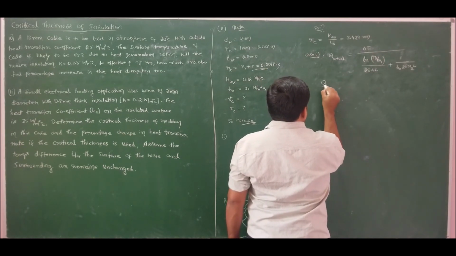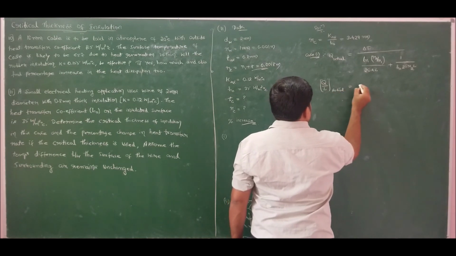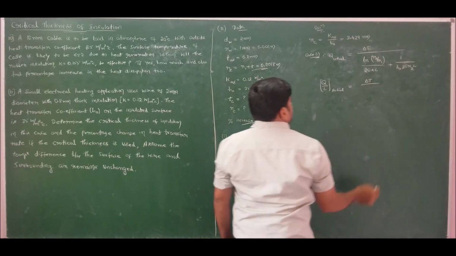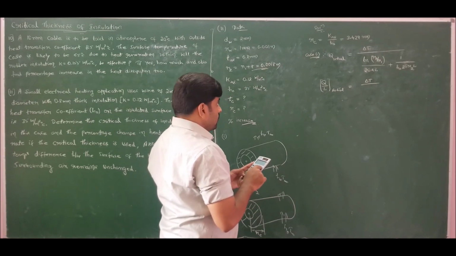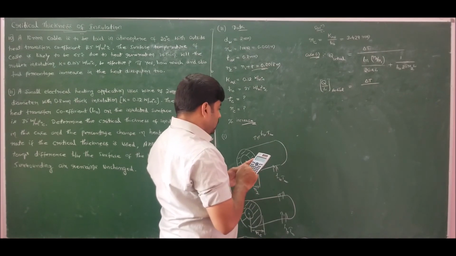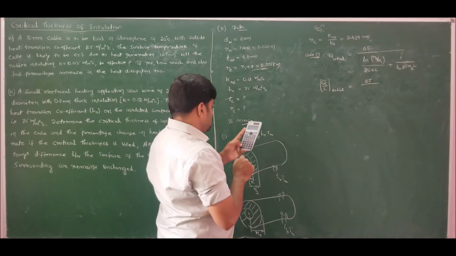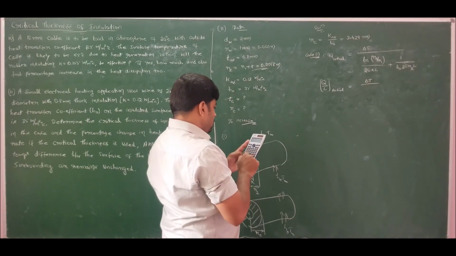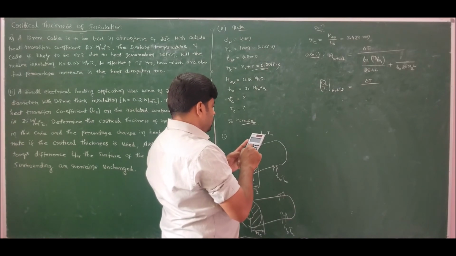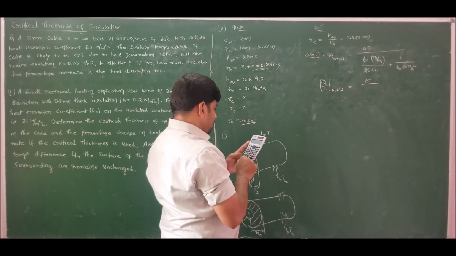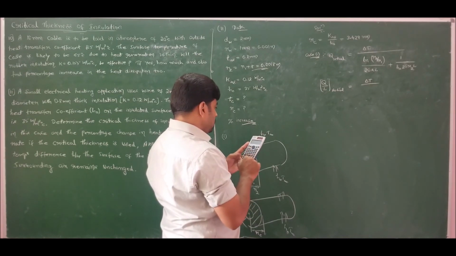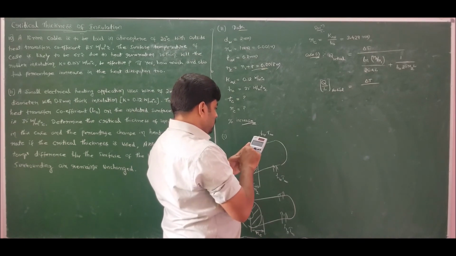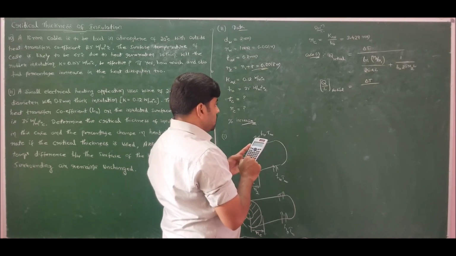So the rate of heat loss per meter length in the actual case will be equal to delta T divided by ln of R2 by R1, R2 is 1.8 mm divided by R1 is 1 mm, divided by 2 into pi into K, which is 0.12 per meter length, plus 1 by 2 into pi into H naught R2.